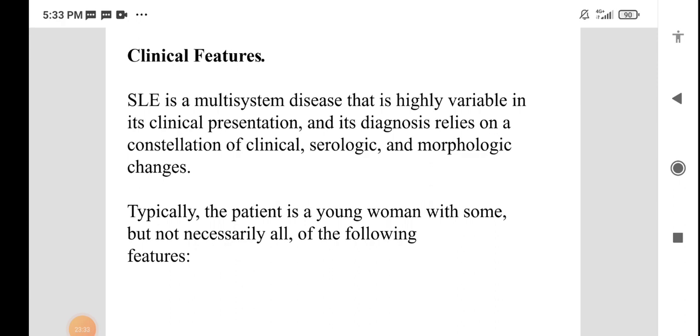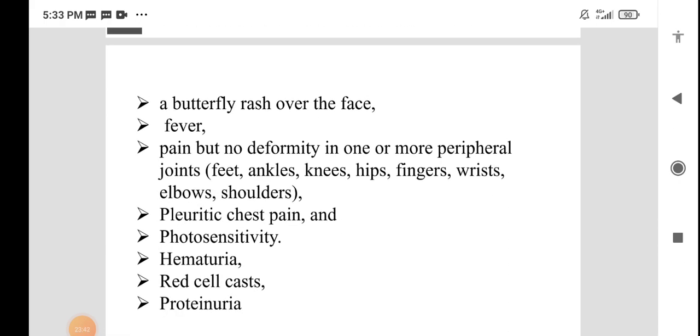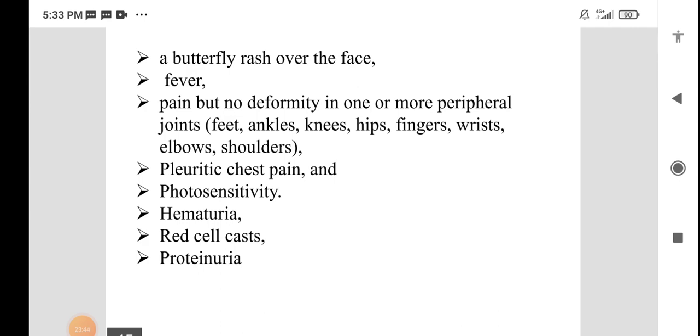Typically, the patient is a young woman with some but not necessarily all of the following features: a butterfly rash over the face, fever, pain but no deformity in one or more peripheral joints, feet, ankles, knees, hips, fingers, wrists, elbows, shoulders, pleuritic chest pain and photosensitivity, hematuria, red cell casts, proteinuria.